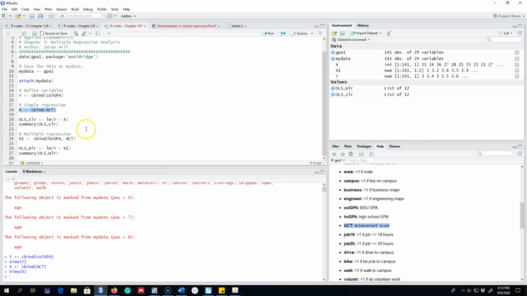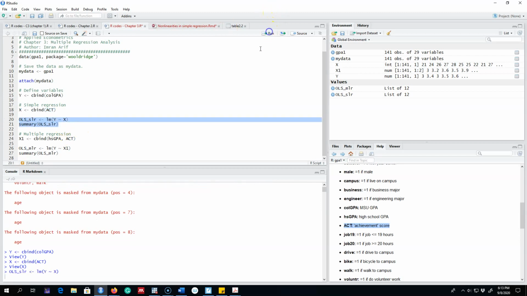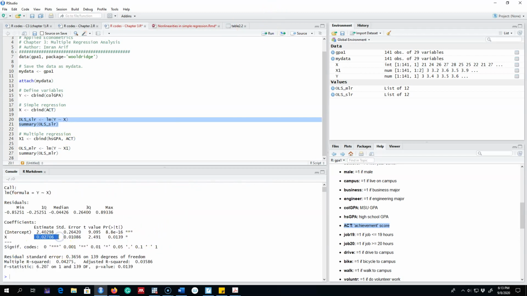I'm going to start with the simple linear regression model case. I'm going to regress this, and then we're going to look at these two coefficients. The intercept shows you that if somebody has an ACT score of 0, their college GPA will be equal to 2.40 points, which is meaningless because nobody enters college without an ACT score.